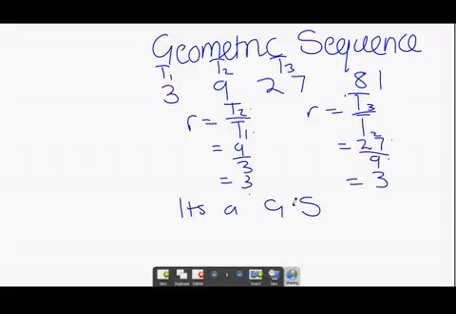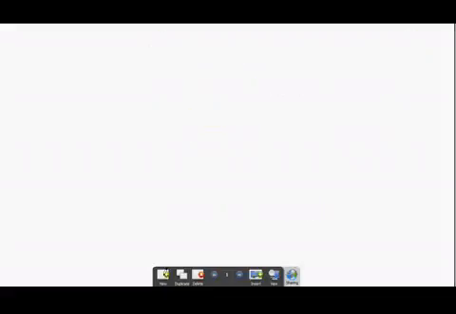Now let's look at another one where, instead of whole numbers, we have a different pattern. Let's say 1 over 2, 1 over 4, 1 over 8, and 1 over 16. Now this is another geometric pattern, and again remember what we said.